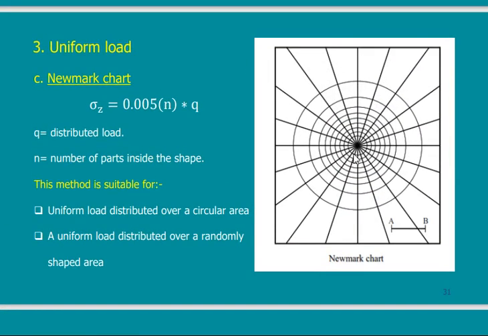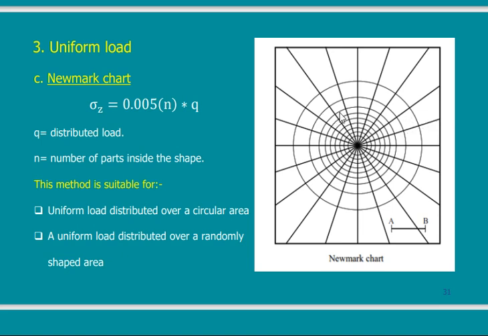I just count the number of four-sided figures here. As you see, below the number will be very high, but as we go outside, all of this is 1 square, but this small one is 1 square. So when you are near the point of application, the number will be higher.